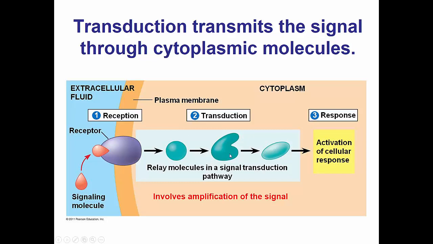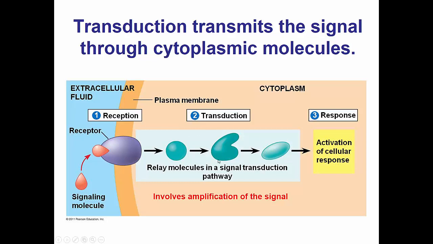Then the other part of transduction is that the signal has to be amplified. So what I mean by amplified is that you're getting more and more molecules involved in the signal. So maybe the receptor activates 5 molecules of this molecule A. And then molecule A, each one activates 5 molecules.